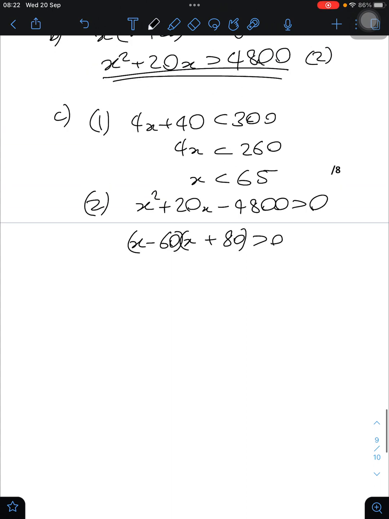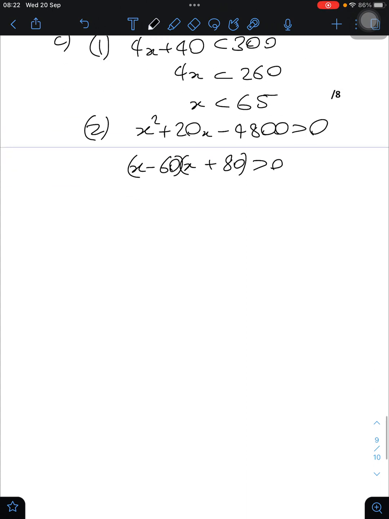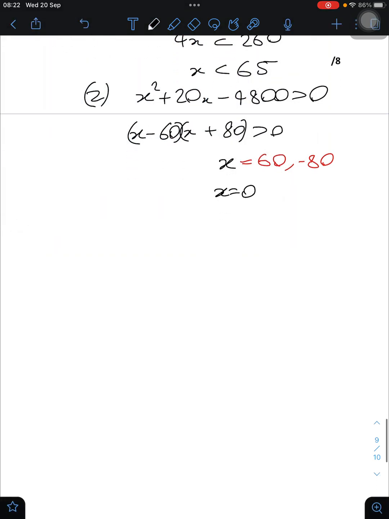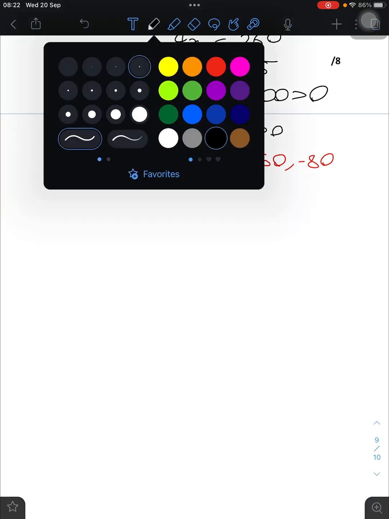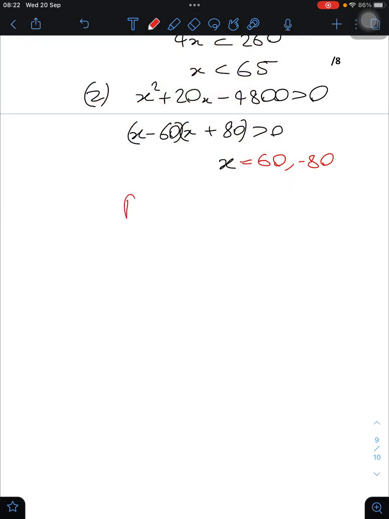And so that leaves us with two equations. So again, this is why I like to keep things as critical values. We've got 60 and minus 80. Pick a value in between. Let's say x equals 0. So this is our critical values thing again.